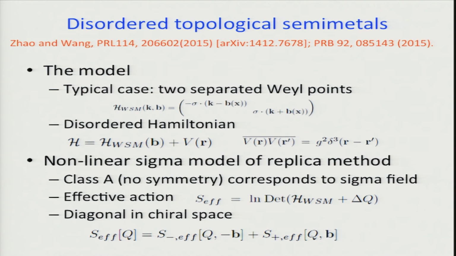Initially, once you add disorder to this system, in the mean field theory, you have a positive and a minus. So you will find the two terms cancelled to each other. So the topology may be destroyed.